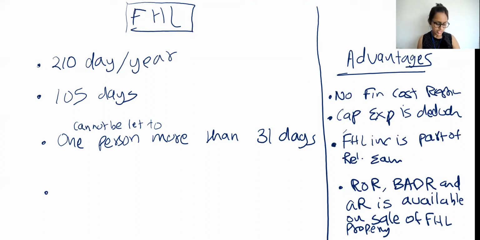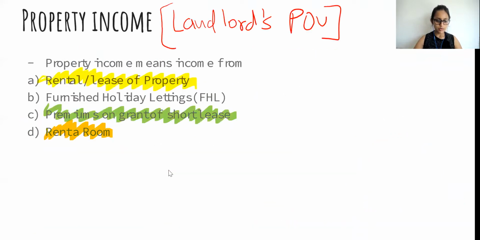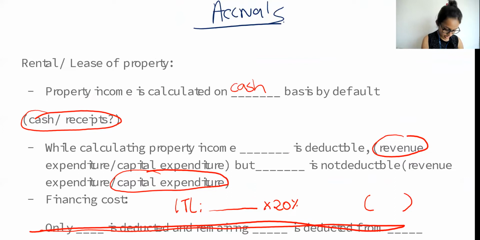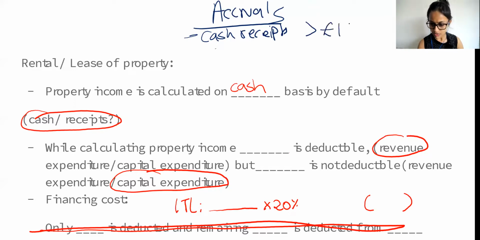Then there are two aspects which I did not mention before. Coming back to this point, we know that by default property income is on the cash basis, but there are certain situations in which we must use the accruals basis. If cash receipts are greater than 150,000, then we need to use the accruals basis.